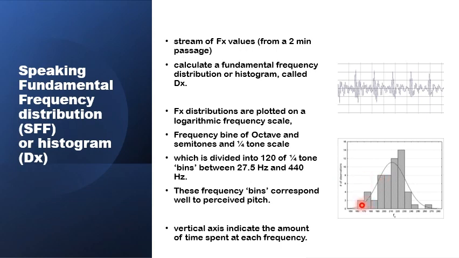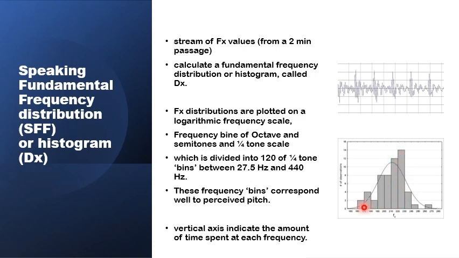The x-axis is divided into columns called frequency bins. These columns have a very narrow frequency range, and every time the speaker uses this very narrow range, it would be included in the corresponding column.